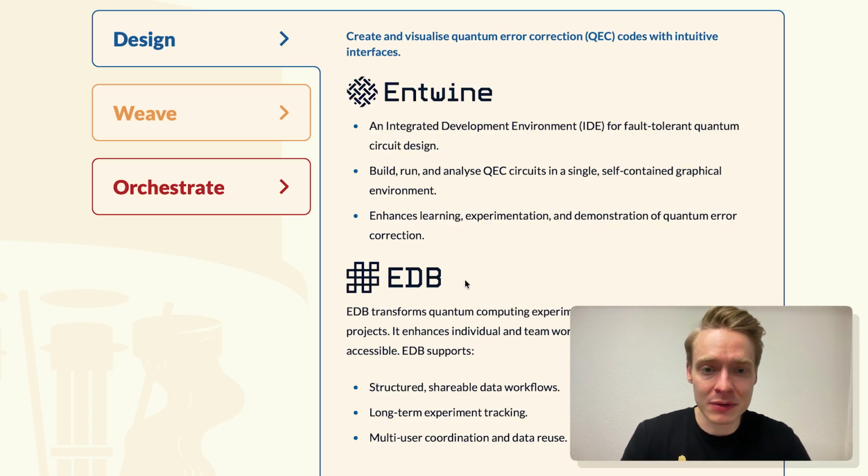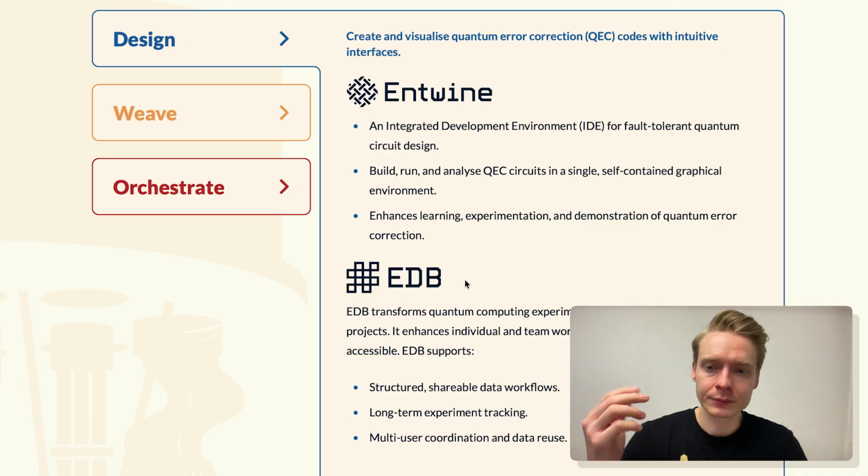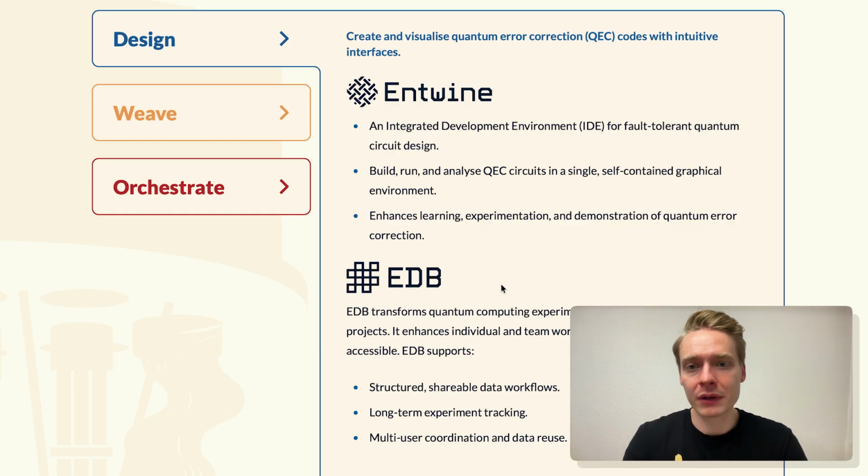Then there is EDB. EDB transforms quantum computing experiments into large-scale collaborative projects. It enhances individual and team workflows by making data organized and accessible. EDB supports structured shareable data workflows, long-term experiment tracking, and multi-user coordination and data reuse. So that's, I think, more on the research side of things, whereas that one is on the science communication, error correction communication, and then learning, experimentation, demonstration side of things.